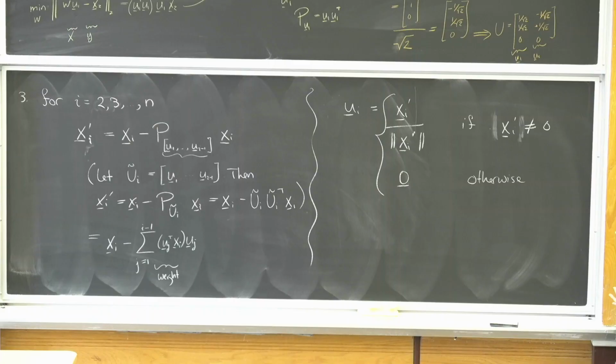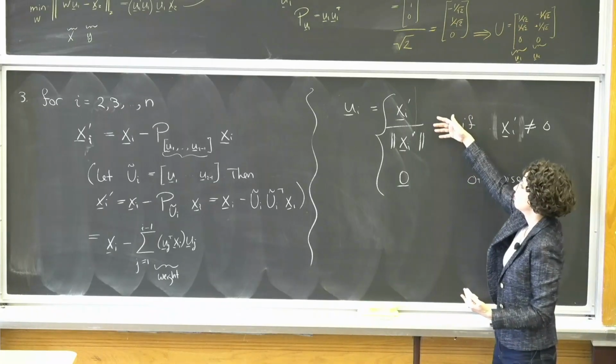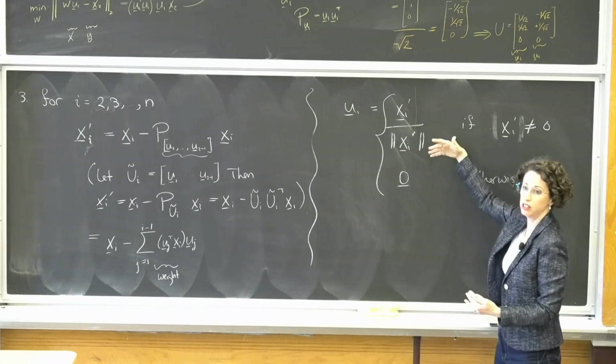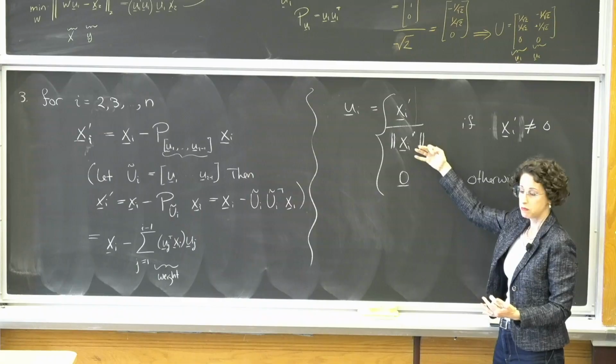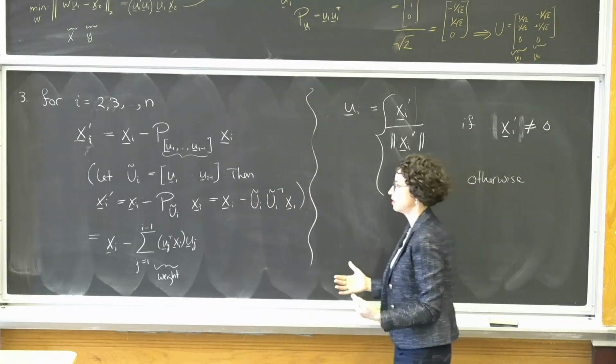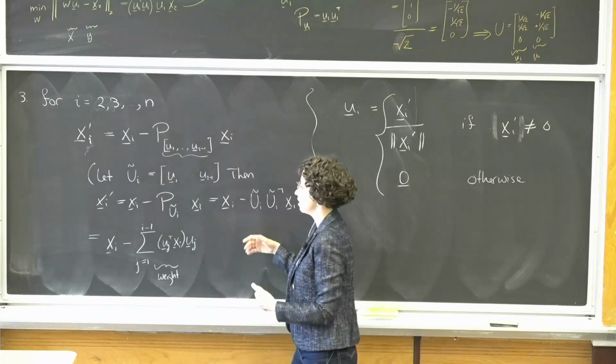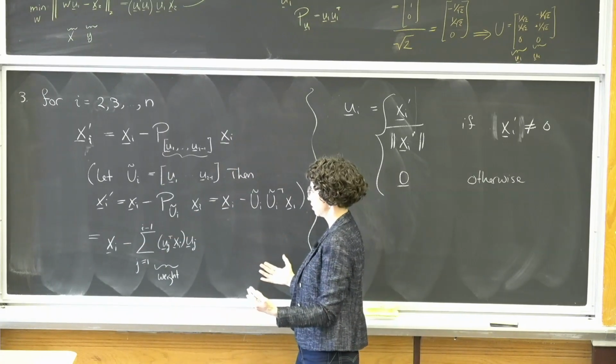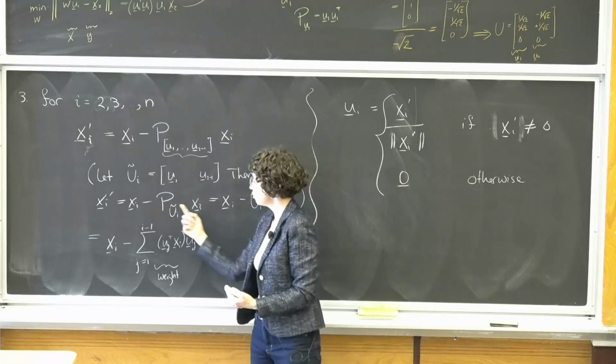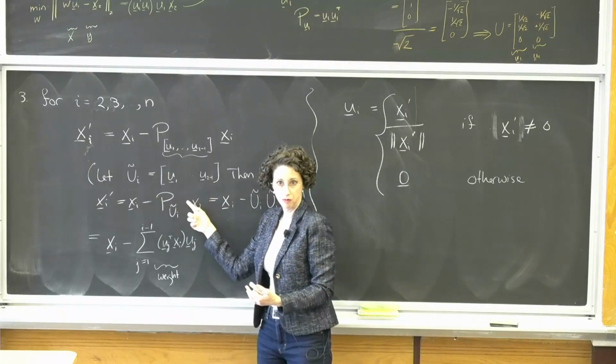This is important because, as we saw in a previous illustration, it's possible that some of the xi's are linearly dependent. And so what can happen is that if I get an xi that's linearly dependent on all the previous xi's, then this residual is going to be equal to 0.